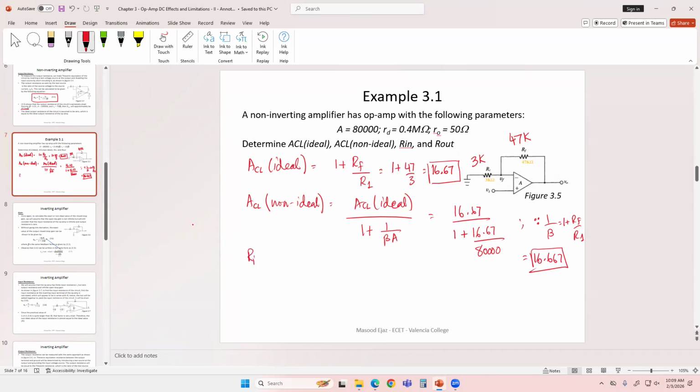Input resistance of the circuit, ideally it should be infinity. Ideal is infinity, and the non-ideal is 1 plus A beta times RD. Calculate that.